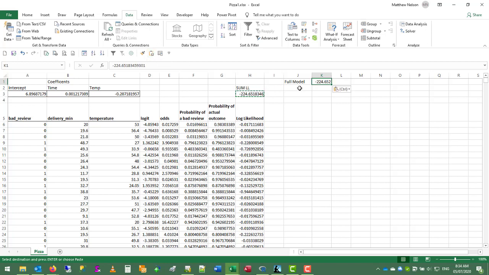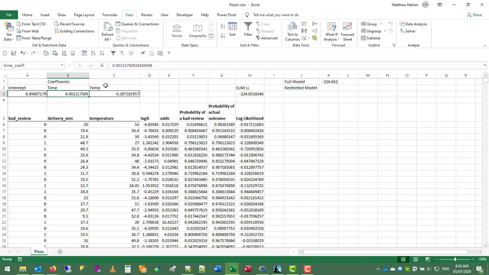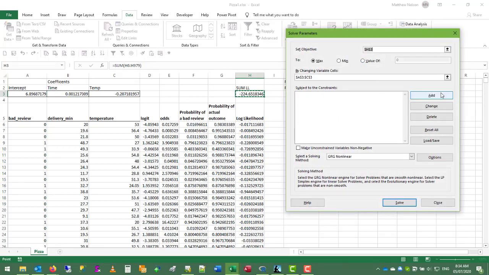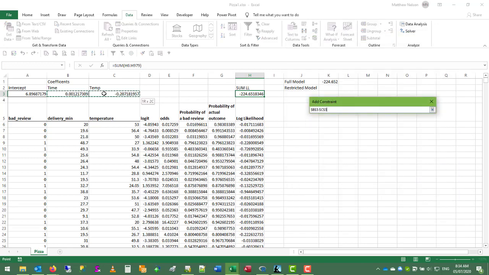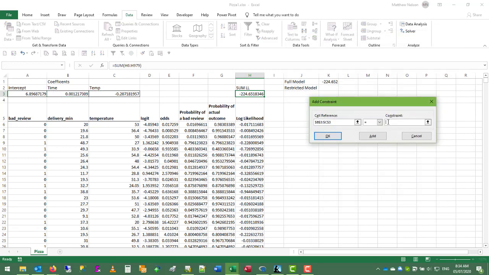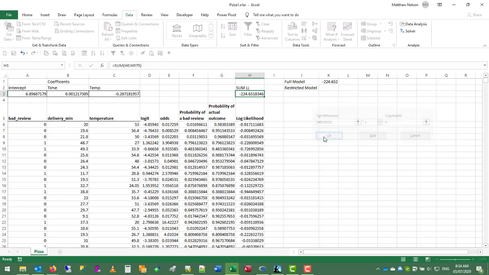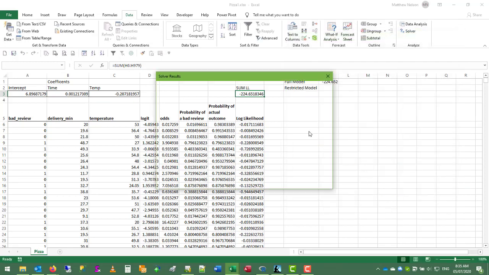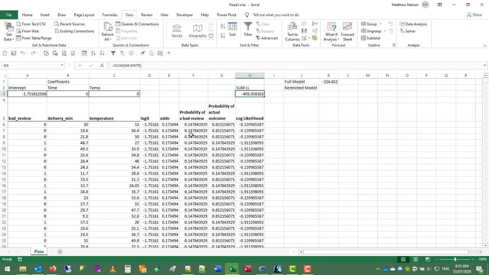And now let's look at the model restricted to just the intercept. So let's look at our coefficients. To do that, let's run solver again, this time subject to the constraints where the coefficients are equal to 0. And solve. Solver also found a solution, and this time it's negative 408.